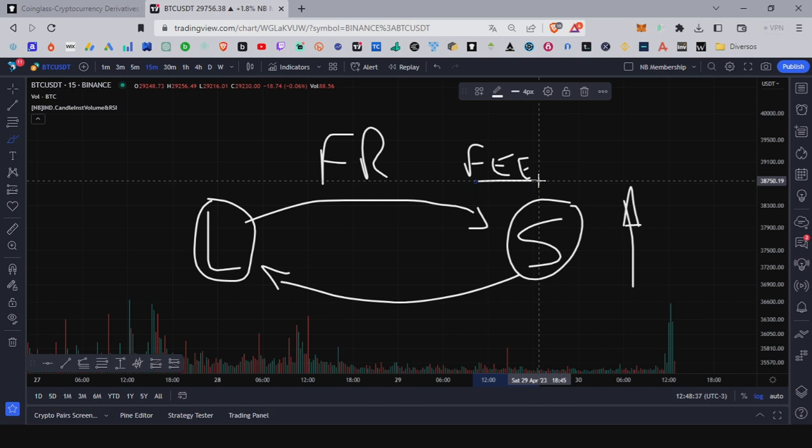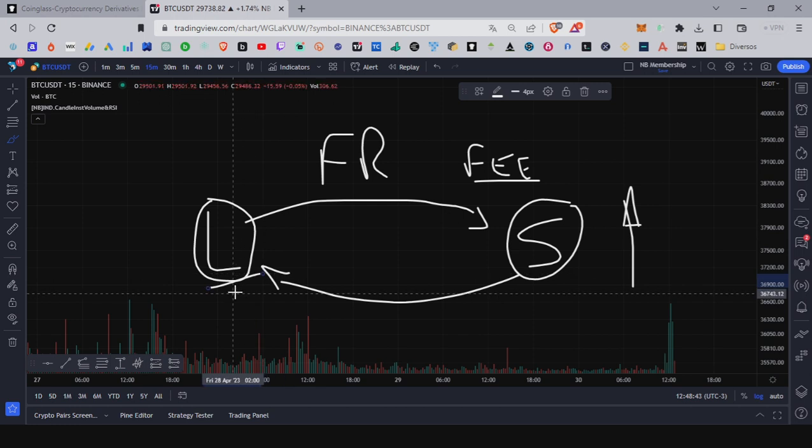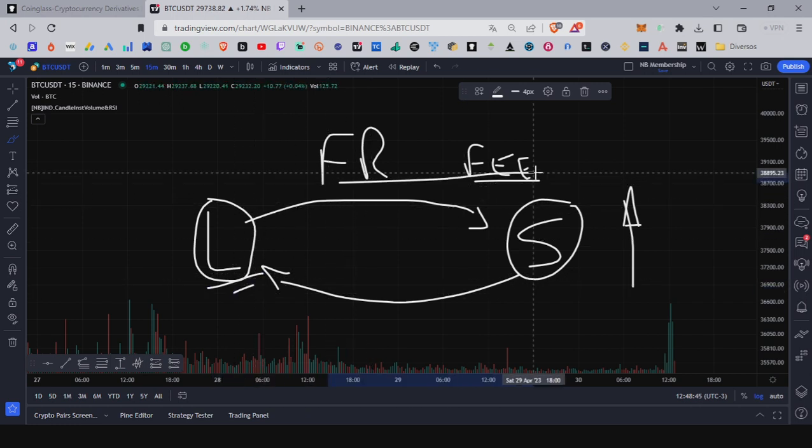So if there's a lot of money on longs, for example, and you have to pay an extra fee, you might think, I won't open this long. Or if your long is open, you will probably consider closing it because the funding rate is an extra cost you don't want to have. Great. This is the basis of the funding fee.